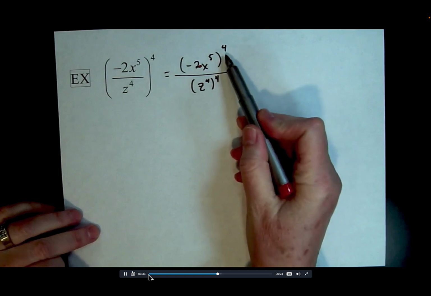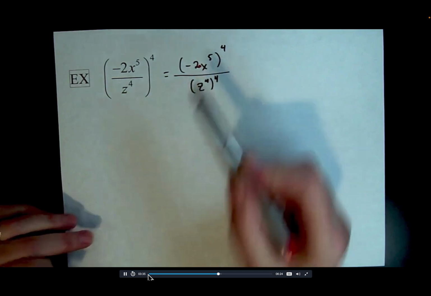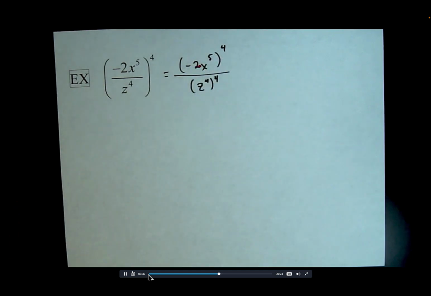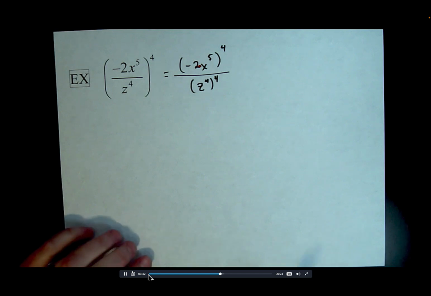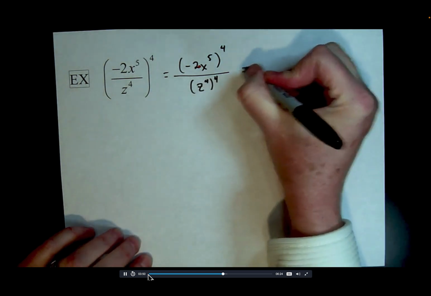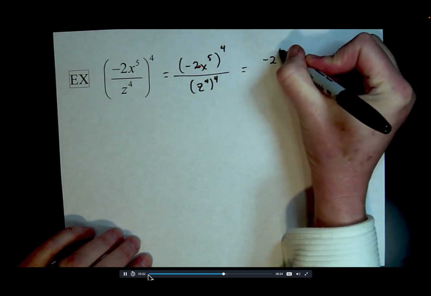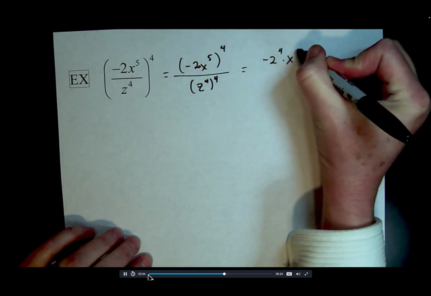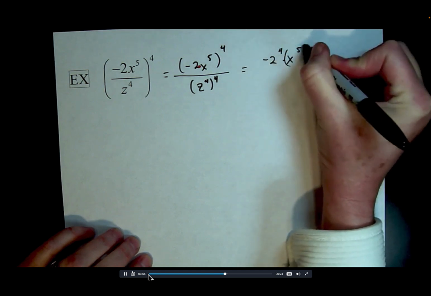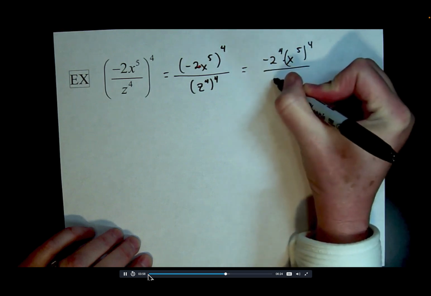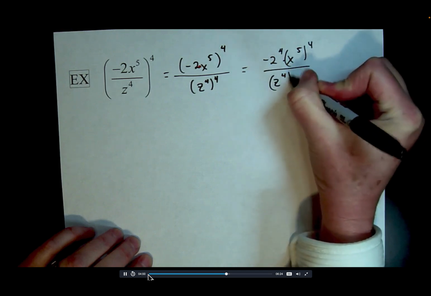And this 4 applies to the whole thing, so each factor is going to get that exponent. That's rule 3. So now I'm going to have -2 to the 4th power times x to the 5th to the 4th power, and I'll just leave the denominator as it is for right now.